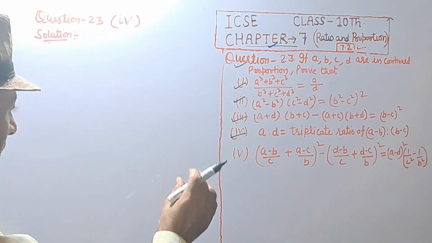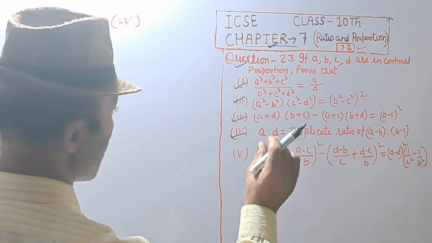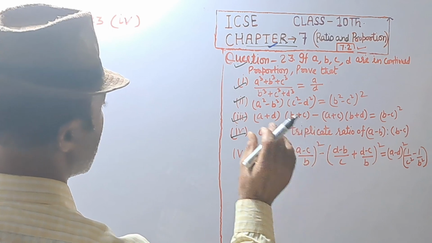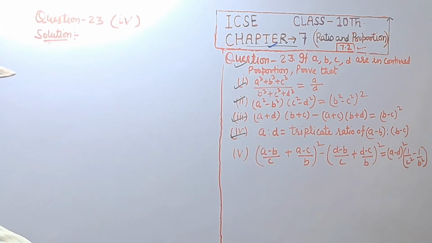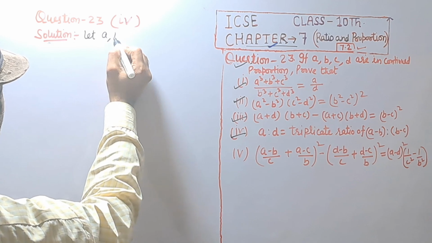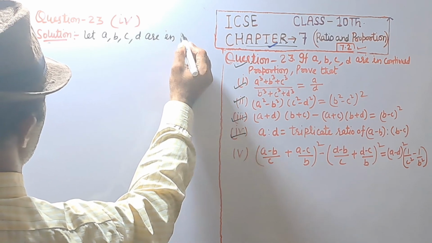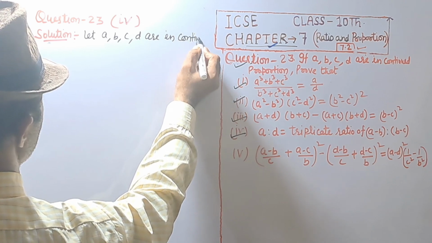Fourth part: a ratio d is equal to triplicate ratio of a minus b ratio b minus c. Let a, b, c, d are in continued proportion.